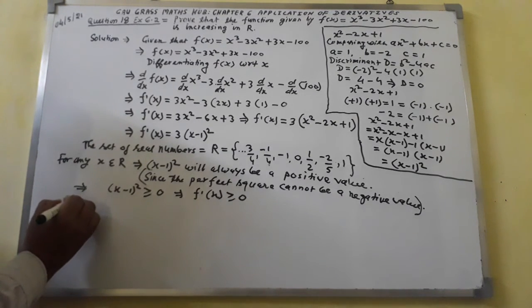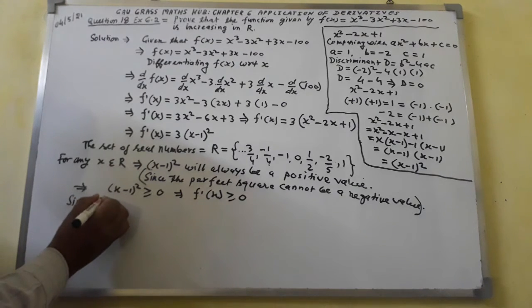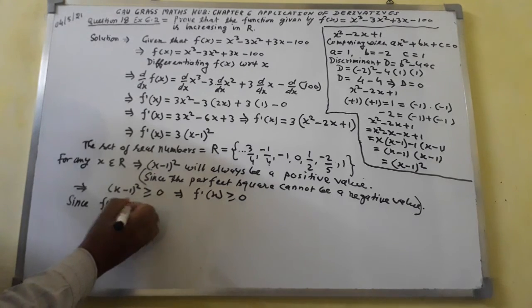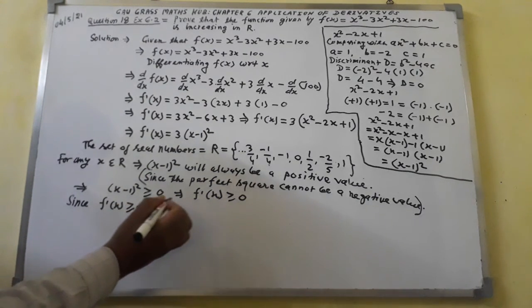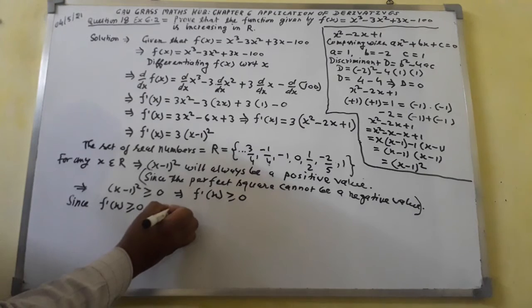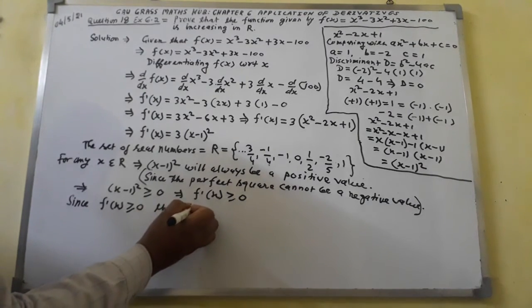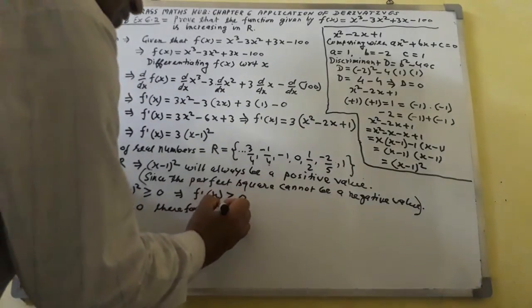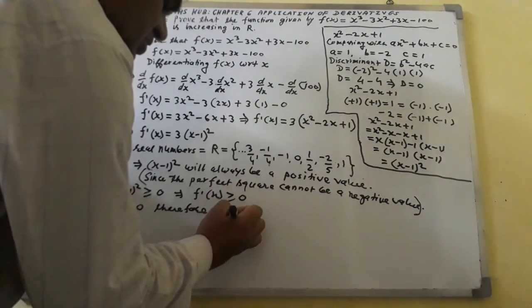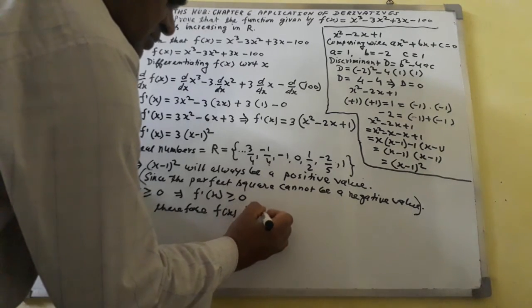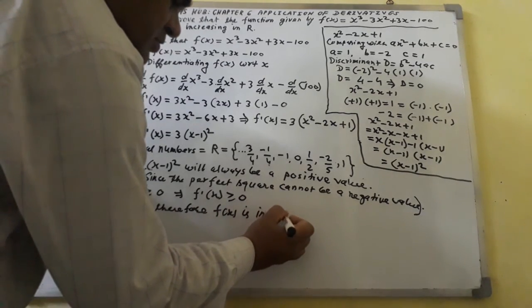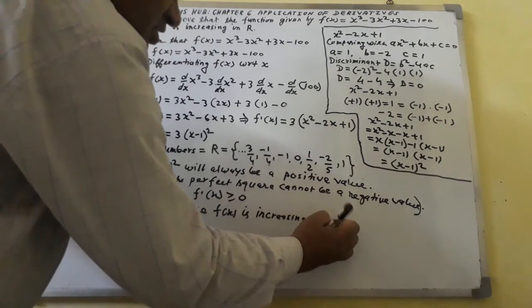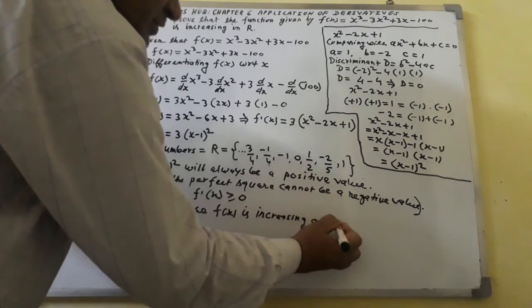Since f dash of x is greater than equal to 0, therefore f of x is increasing on the set of real number.